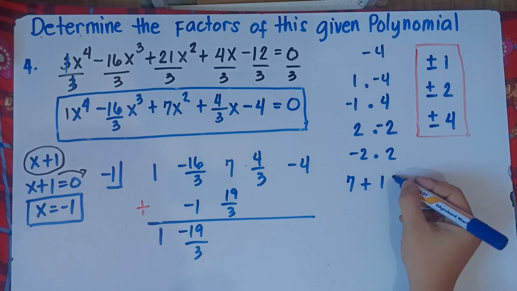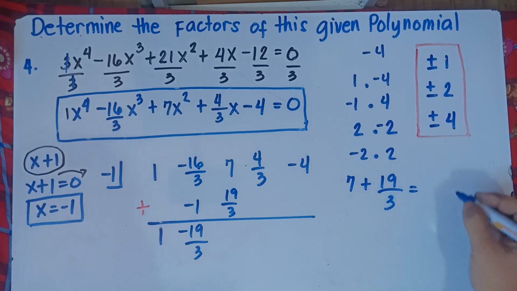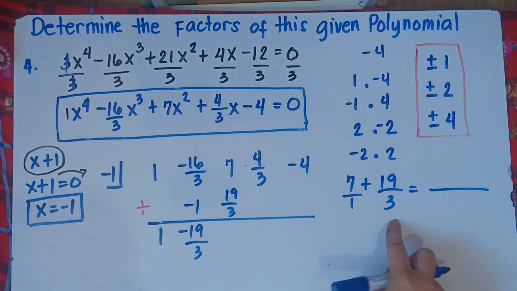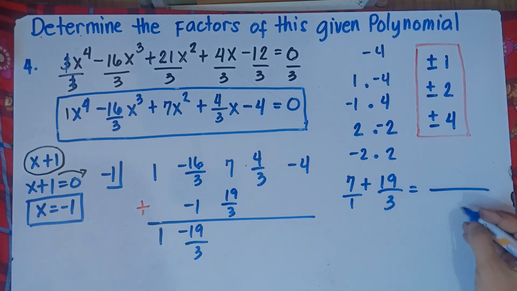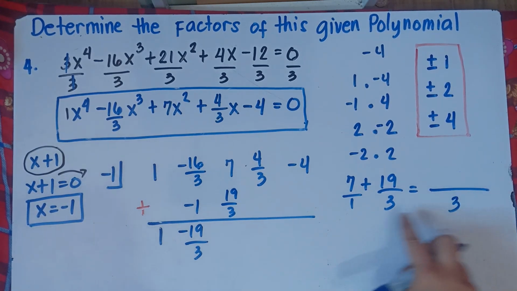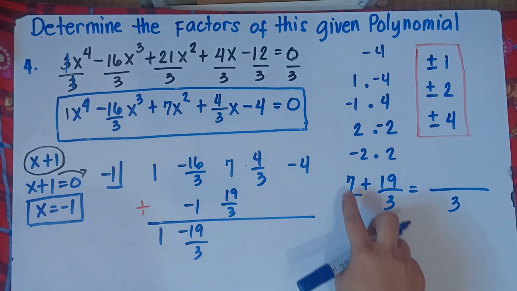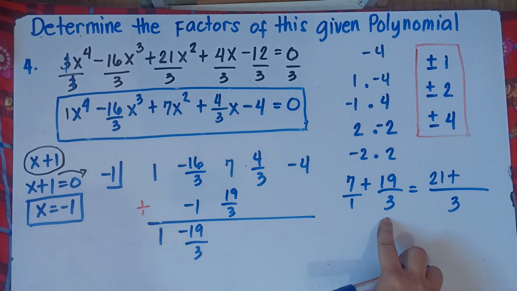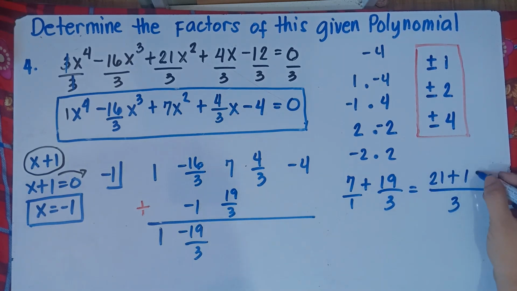Understood that there's 1 here. Find the LCD. LCD of 1 and 3, that is 3. So 3 divided by 1, that is 3, times 7, that's 21. Plus 3 divided by 3 is 1, times 19, that is 19.